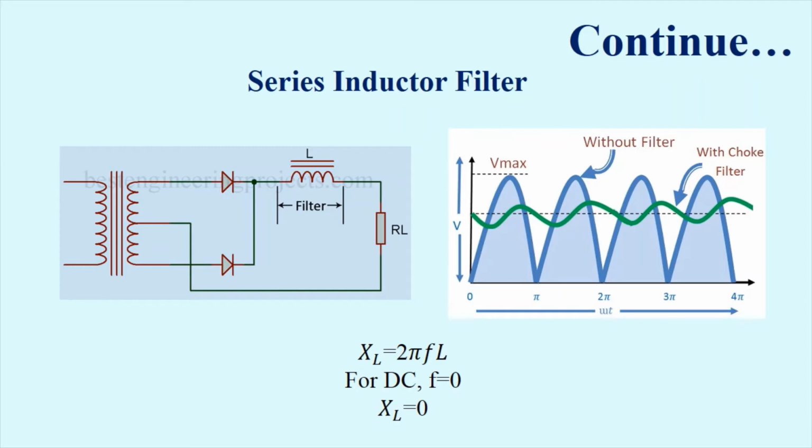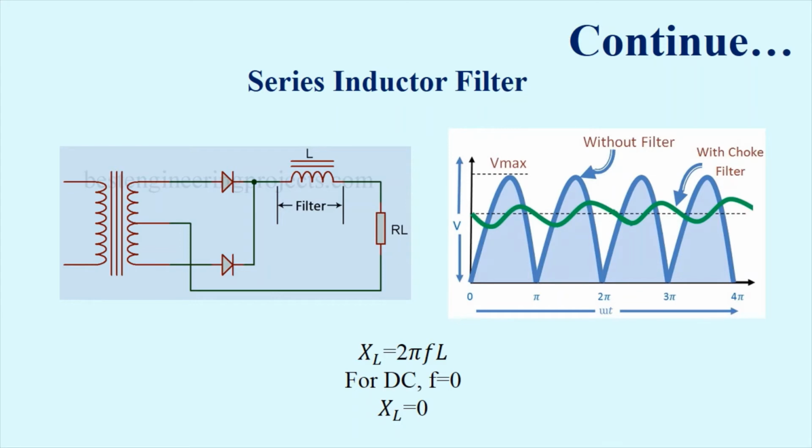This is the property of the inductor that we are going to use in this inductor based filter. Now, where will we connect the inductor in the rectifier circuit, in series or in parallel?